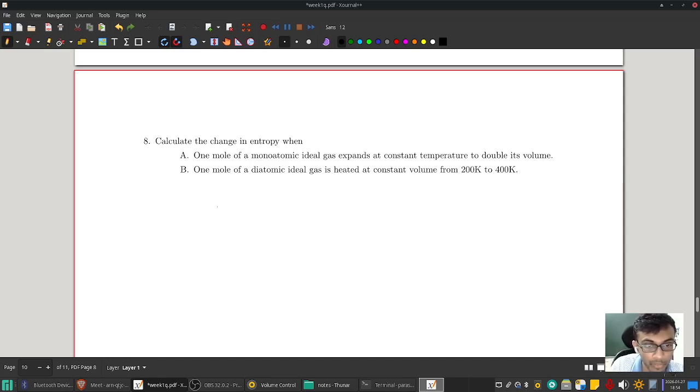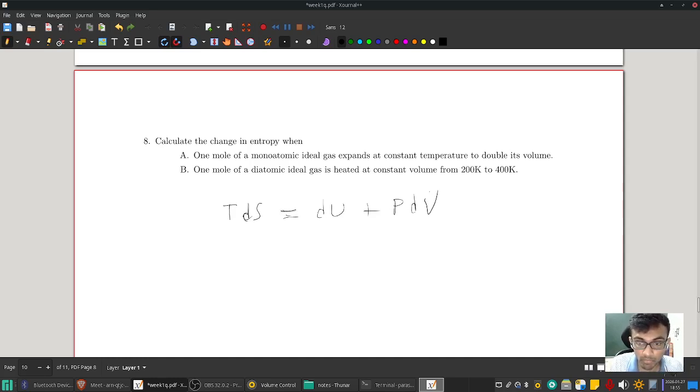So we know, excuse me, this is the first law. Yeah, so to calculate the change in entropy, we only need the initial and final states. So again, entropy is also a state variable.